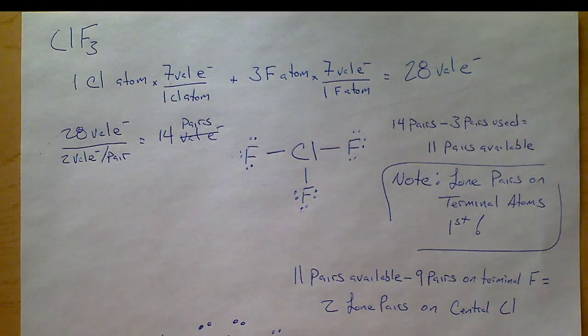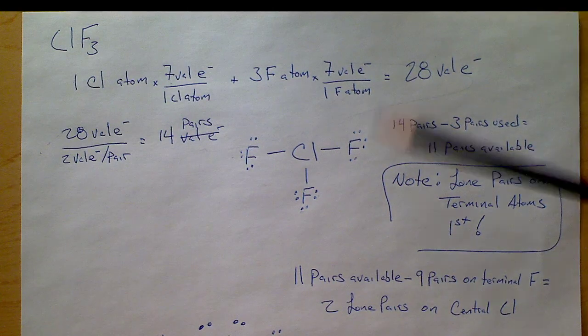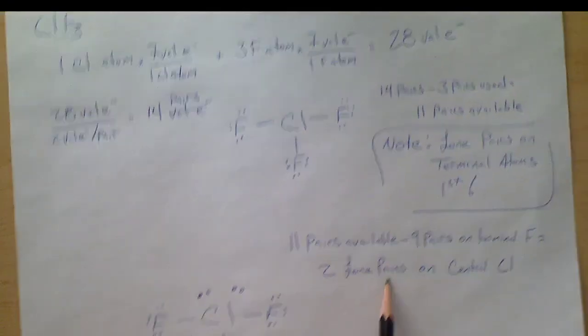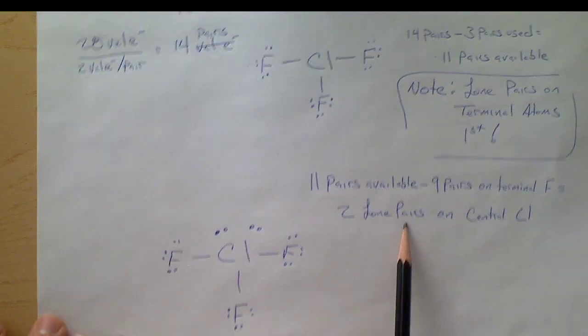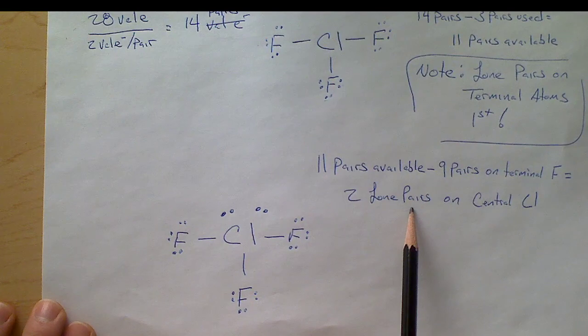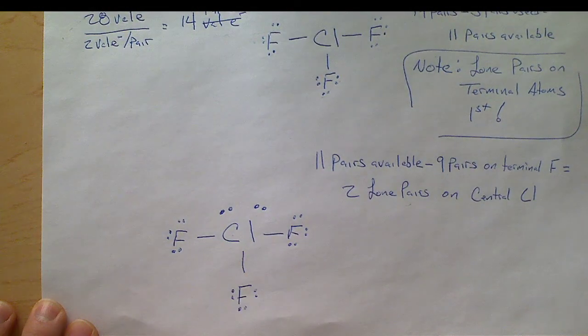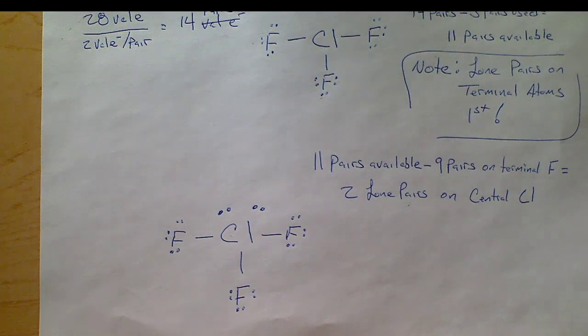We're going to put the chlorine in the center. We have 11 pairs available, so we put the lone pairs on our terminal atoms first, which means that when we do that, we still have 2 lone pairs available. Now we're going to put those 2 lone pairs on the chlorine atom, and we get a Lewis structure looking like this.